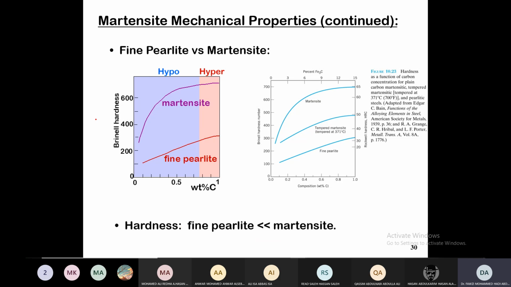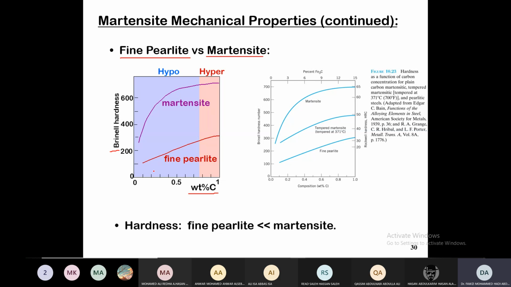So to talk more about the martensite mechanical properties, we can compare fine pearlite versus martensite. For example, for the Brinell hardness, you can see with increasing weight percentage of carbon content in the material, the martensite has very, very high hardness compared to the harder fine pearlite, not the coarse.